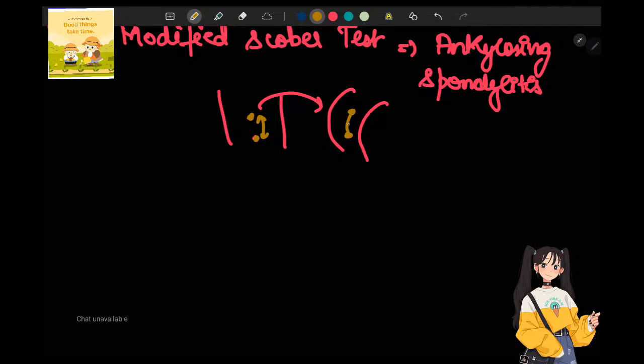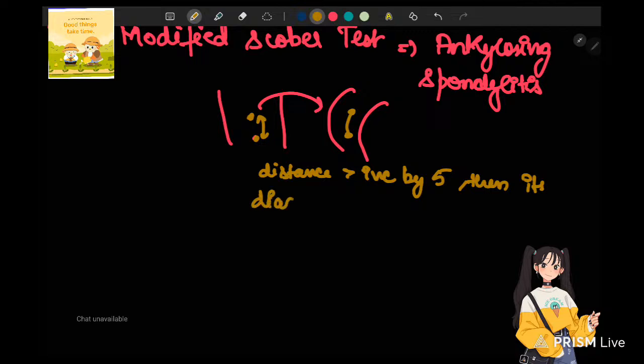And if the distance is increased by, I think it's 5, then it's diagnostic of ankylosing spondylitis.